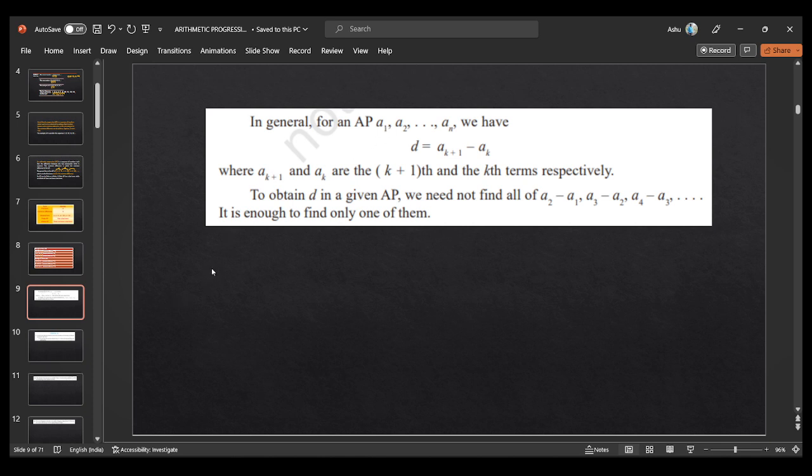So we can say that in a general AP A1, A2 up to AN, we have the common difference of the K plus 1 term minus the K term.